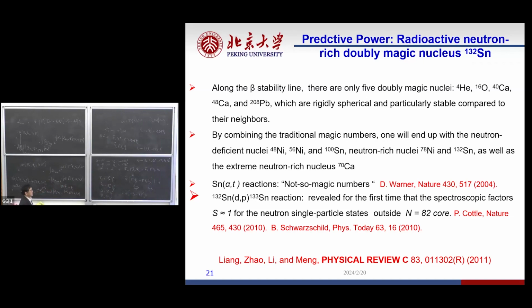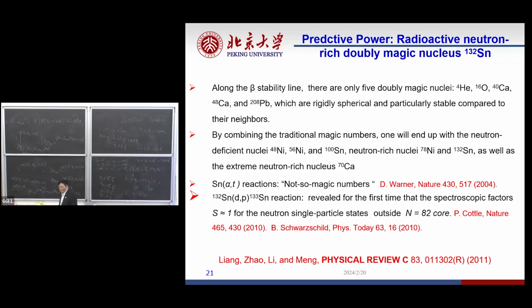Because if you look at the nuclear chart, you know that only these 5 nuclei are stable double magic nuclei. This is helium-4, oxygen-16, calcium-40, calcium-48, and lead-208.